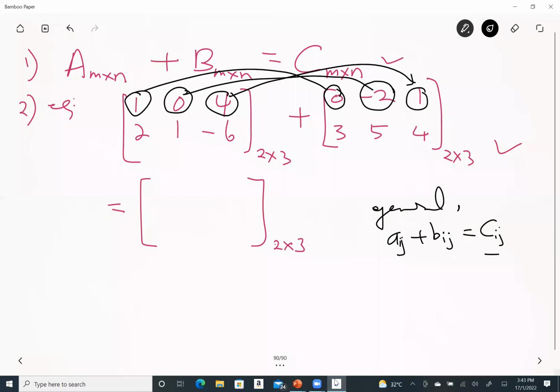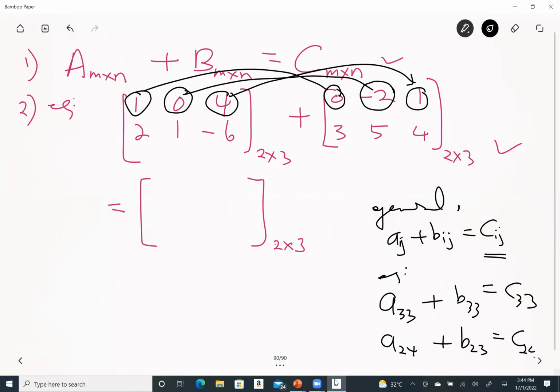And the sum will be equal to C, and that C will be the element in the sum matrix, Cij. So for example, we can add A 3 by 3 to B 3 by 3. What is A33 plus B33 equal to? C33. Or another example, A24 plus B24 will be equal to C24.